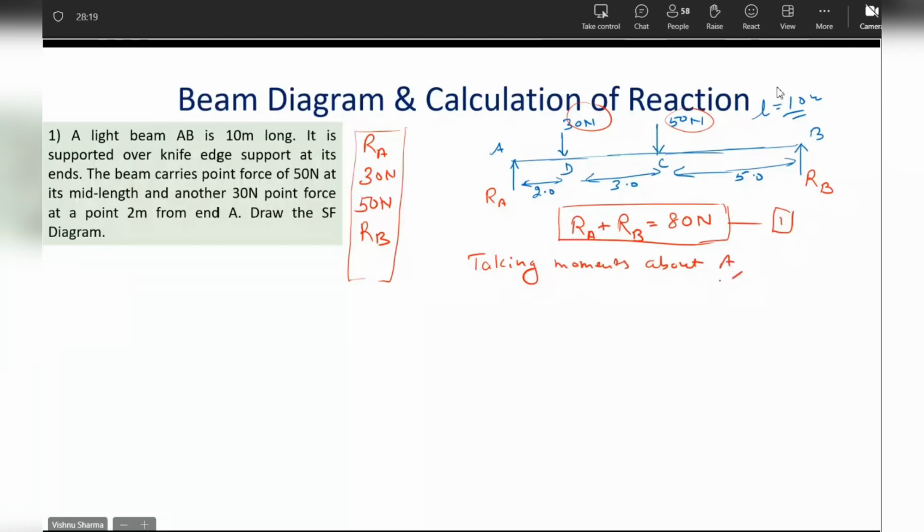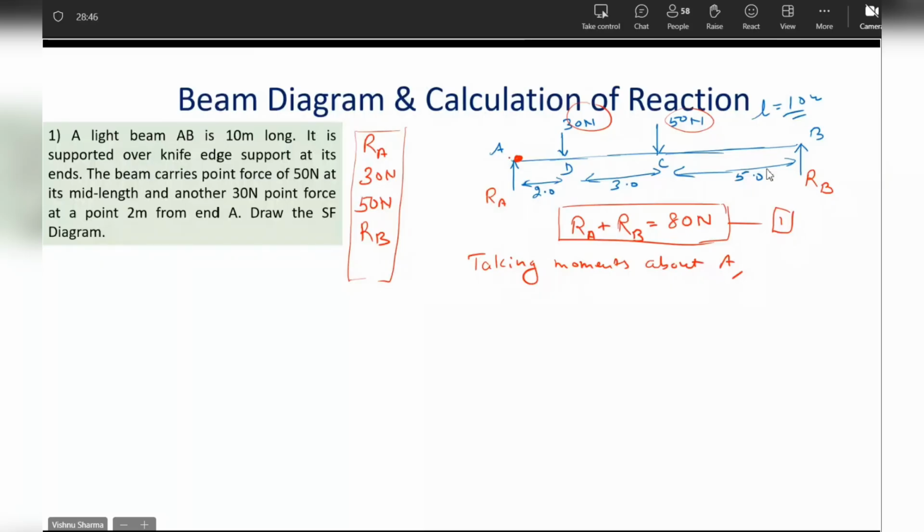And now you see, guys, if I take moments about A, if I hold my beam here, then tell me, will 30 newtons cause a clockwise movement or anti-clockwise movement?